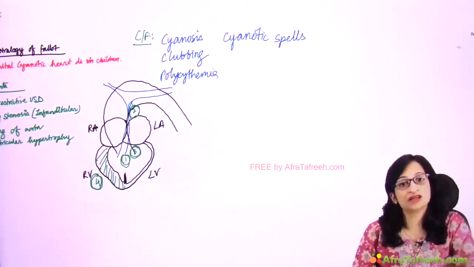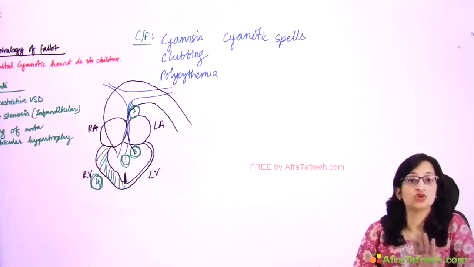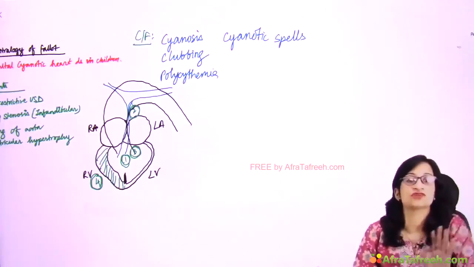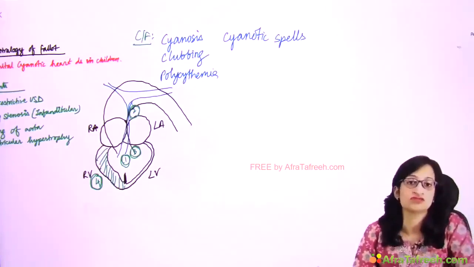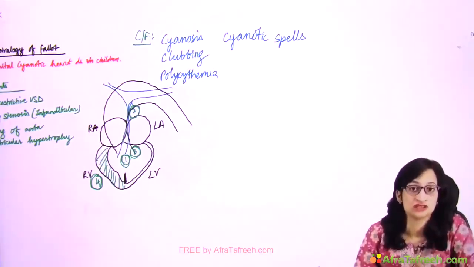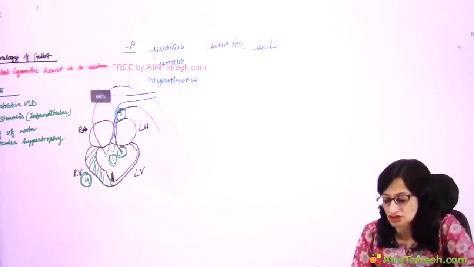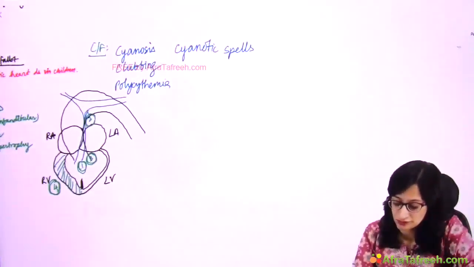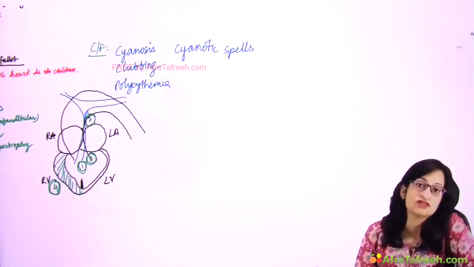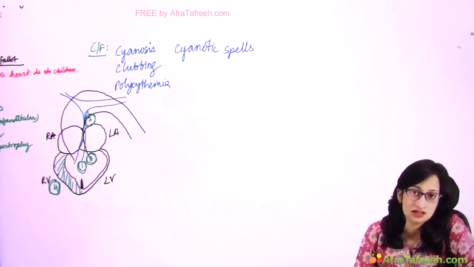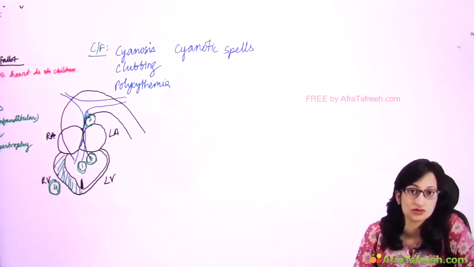Remember, heart failure as such is not seen. It is not a feature of Tetralogy of Fallot. If you are given a list of diseases, heart failure is not seen in ASD, VSD, PDA, TOF, the answer is TOF. But it can be seen, of course, if it is complicated by other things like anemia, infective endocarditis, myocarditis, and so on.